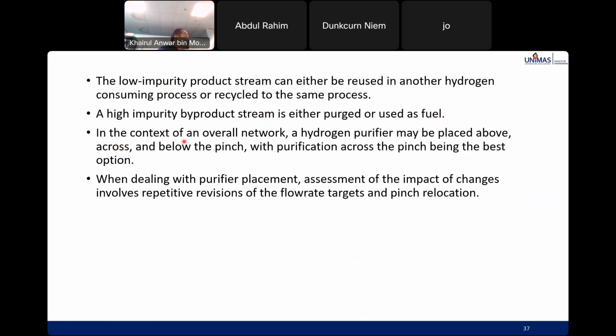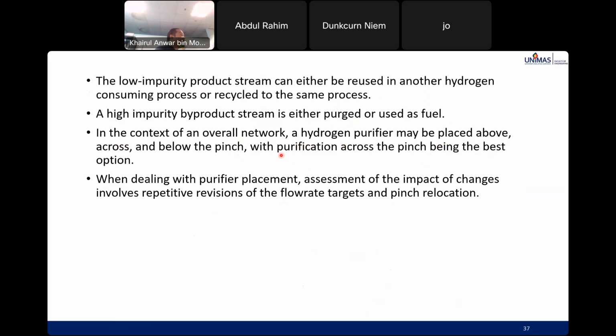In the context of an overall network, a hydrogen purifier may be placed above, across, and below the pinch, with purification across the pinch being the best option.